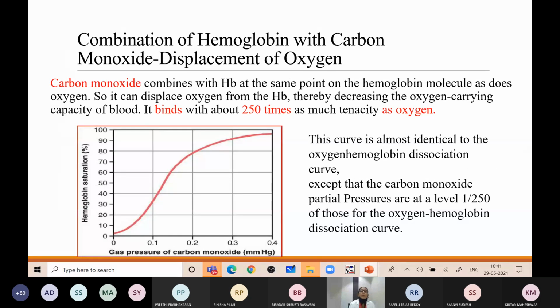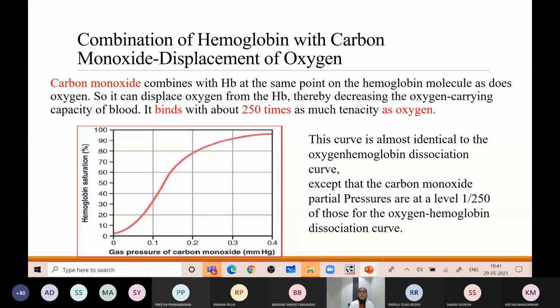Now coming on to the combination of hemoglobin with carbon monoxide. Why is it important? Because carbon monoxide combines with hemoglobin at the same point on the hemoglobin molecule as does oxygen. So it can displace oxygen from the hemoglobin, thereby decreasing the oxygen carrying capacity of blood. It binds with 250 times as much tenacity as oxygen.